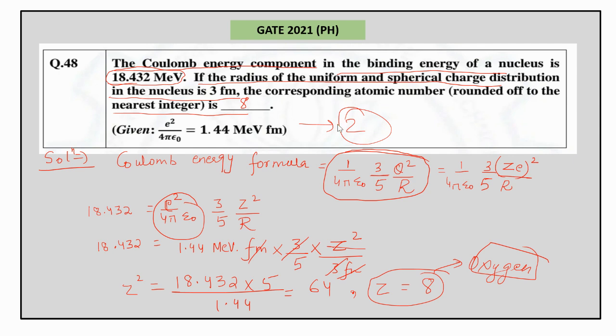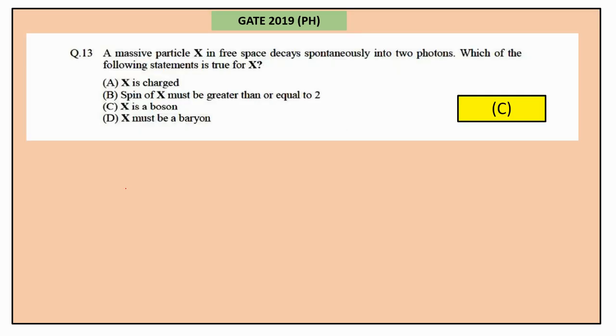Now I'm moving to the next question. So try this question, everyone. This is from nuclear and particle physics. So at least try this question. I'll give you 2 to 3 minutes to try and tell me the answer.